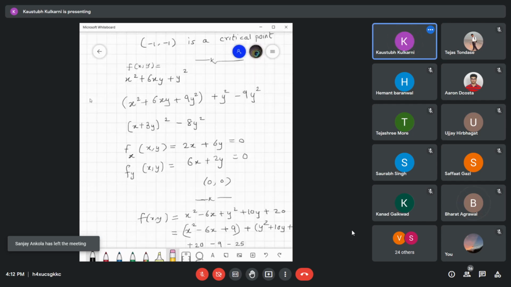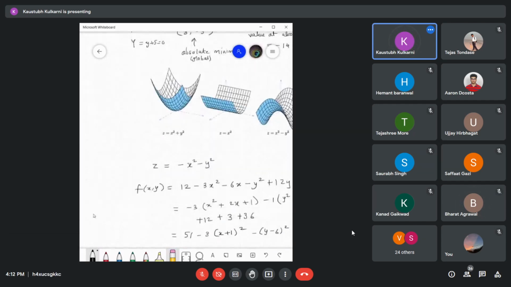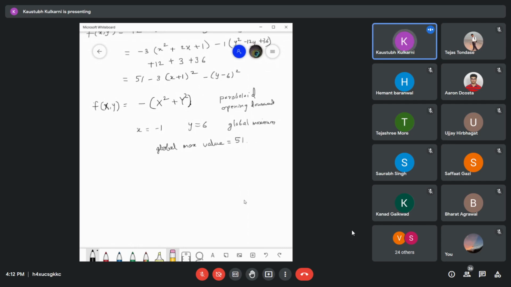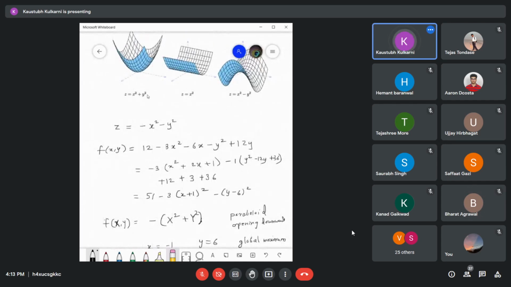Then we saw one method, and let me summarize it. If the given function can be expressed as a sum of two square terms, that is z is equal to x square plus y square, then it is a paraboloid which opens upwards.